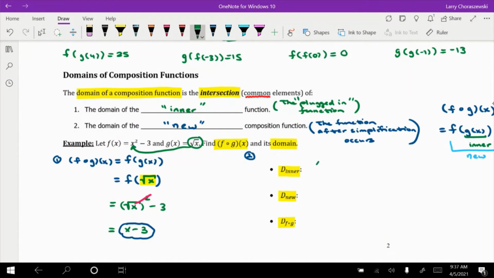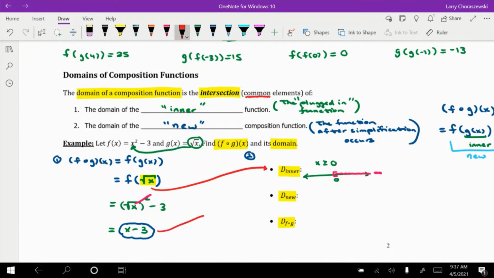So one way of expressing that is to say that the x values need to be greater than or equal to 0. And if you want a visual of that, you can draft up a number line, put 0 on it. We would bracket the 0 and shade to the right. So we used the square root to get d inner.